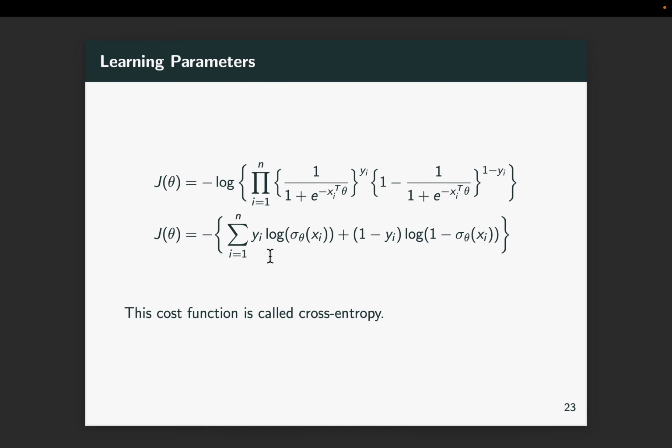You can also notice this as y_i times the logarithm of the probability of class 1, plus the ground truth class 0 times the logarithm of the probability of class 0. So we can write it that way also.